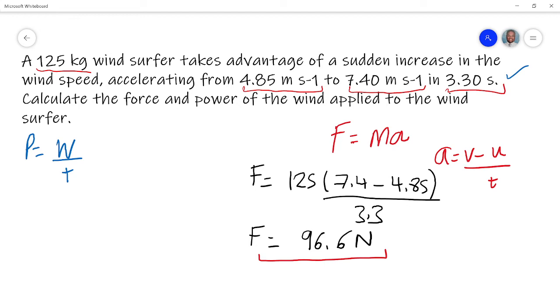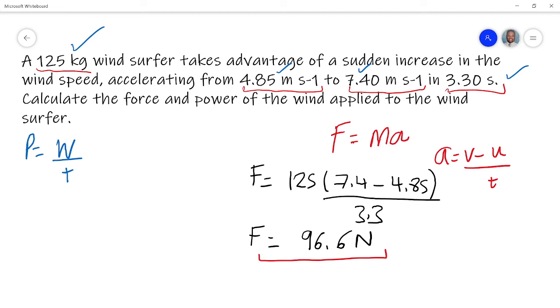But we can see also here that there is mass and there's initial and final velocity. So in my mind, when you have mass and velocity, you use what's known as kinetic energy. So our W can be solved by calculating the change in kinetic energy, because kinetic energy is in joules and so is work.